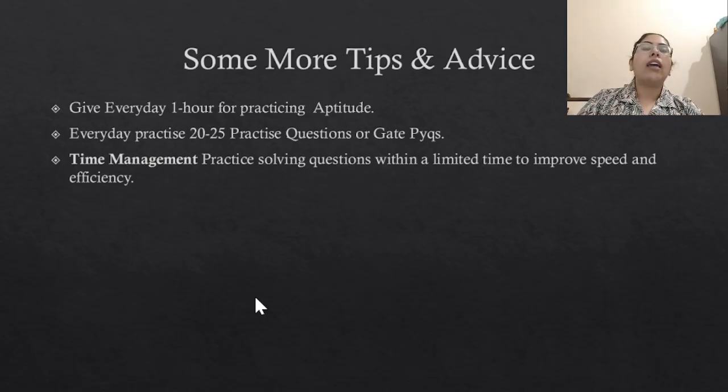Now I have given some more tips and advice for the aptitude. First, give every day 1 hour for practicing aptitude. If you practice 1 hour daily for the aptitude, you will definitely get a good rank.